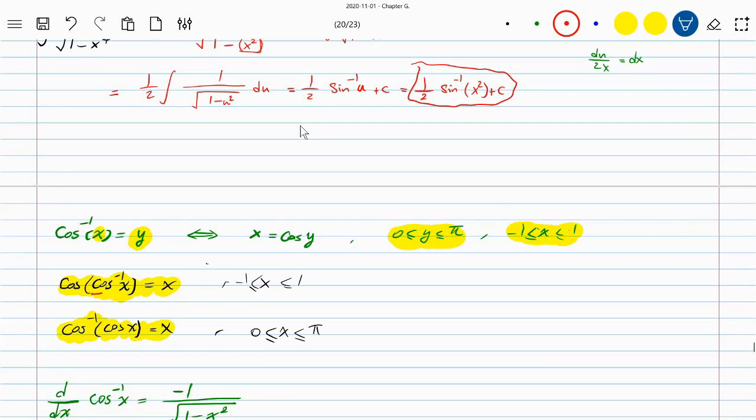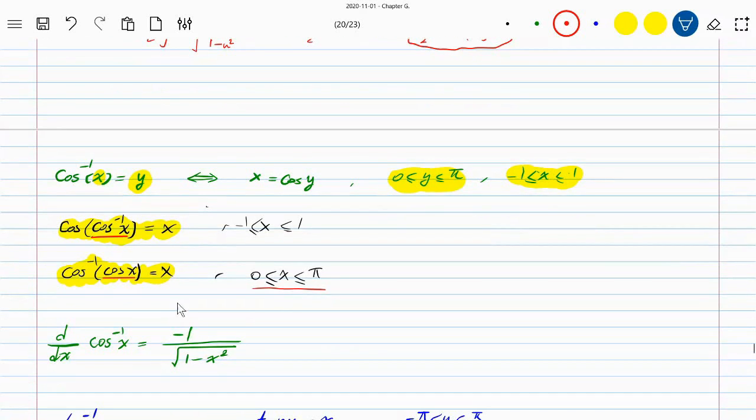So the inputs of cosine inverse of x must be between -1 and 1. Otherwise, the cosine inverse doesn't have any value. Here, the domain of cosine is restricted to 0 to pi. So you should pick the values from that domain to have exactly x. So these restrictions are required to have these properties.